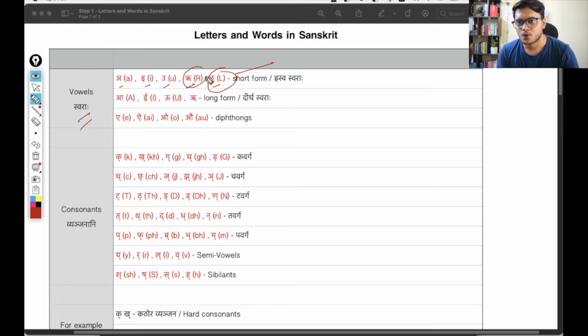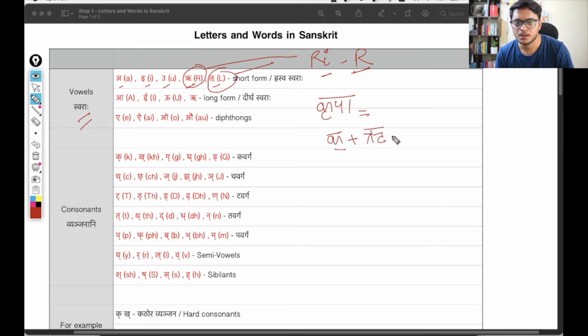And this particular vowel is very commonly mispronounced as ri or just simple ra, but it is neither ri nor ra. Suppose I have a word that uses this vowel, kripa. If you break it, it uses ka, then this vowel, then pa.